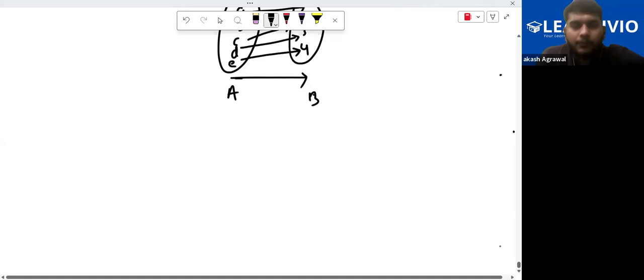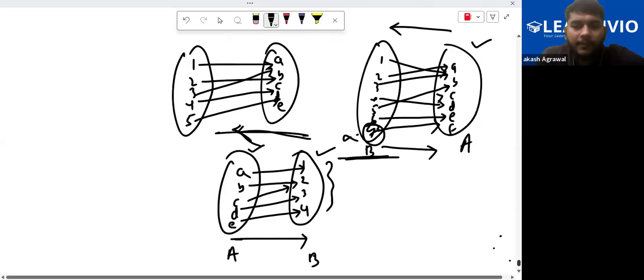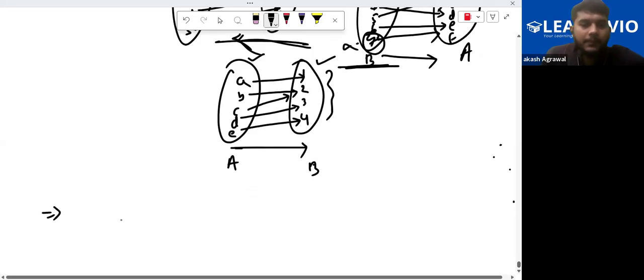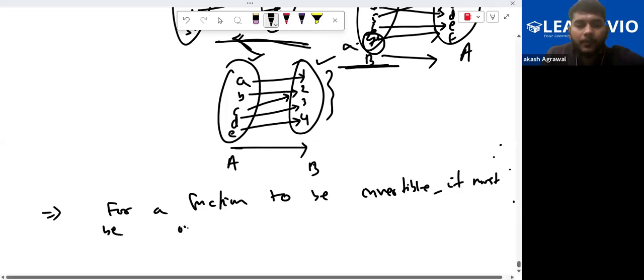That means if we have to make a function inverse, then it should be one-one and onto, because no element here should be left out, and all should have a unique image also. So for a function to be invertible, it must be one-one and onto.